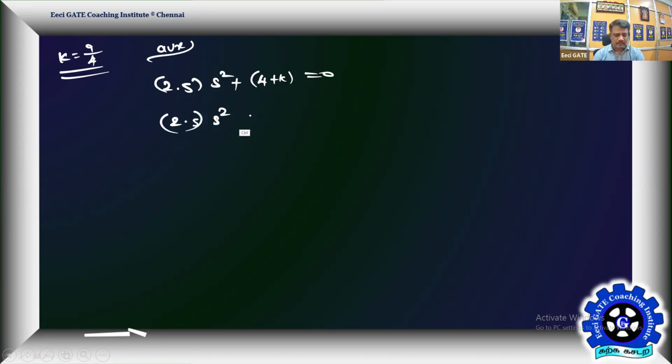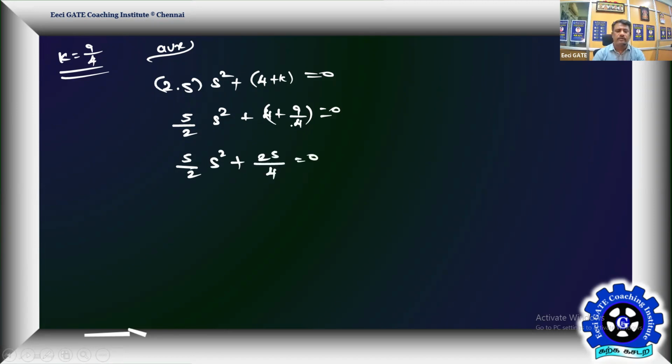So better you keep it as 5 by 2 a square plus 4 plus k, which is 9 by 4, equal to 0. Then it is going to be 5 by 2 into a square plus, again, 25 by 4 I will get, equal to 0.